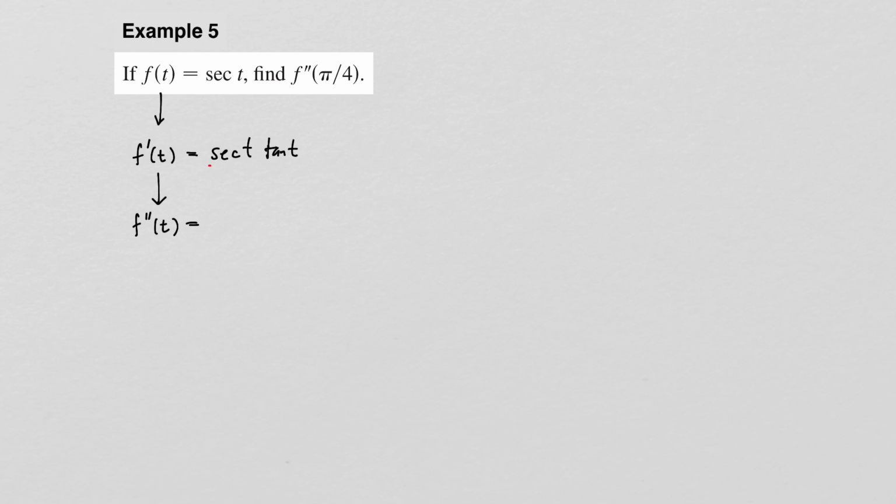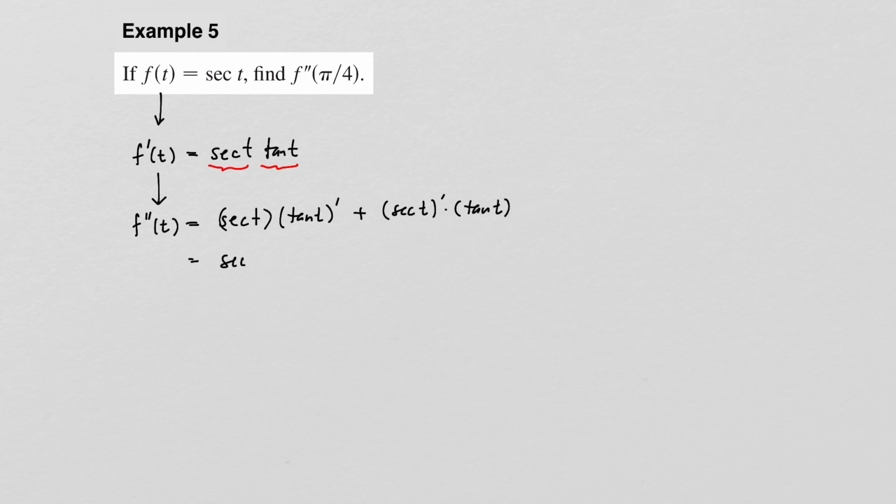Since our first derivative is a product of two functions, to find the second derivative, we have to use the product rule. So here we're going to take the first function, secant of t, multiplied by the derivative of tangent of t, plus the derivative of secant of t multiplied by tangent of t.